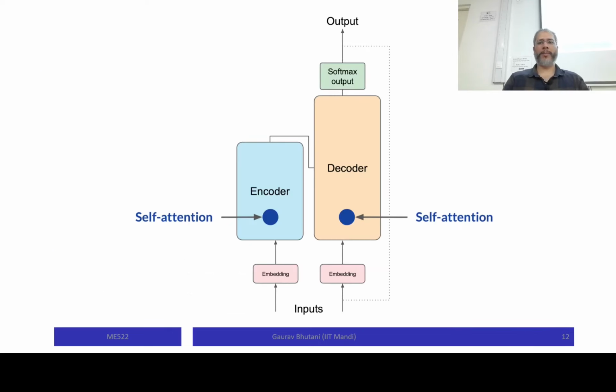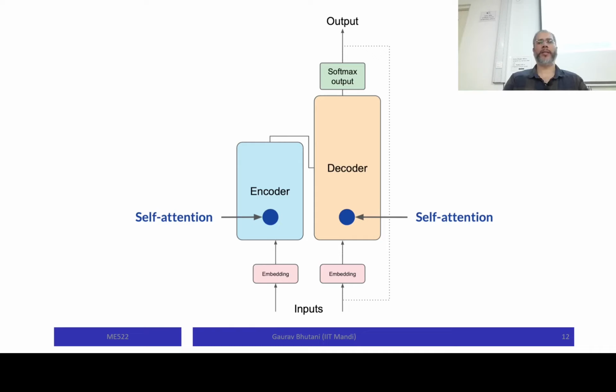Once the input is fed through the embedding, these are called embedding vectors. Then it goes to a deep learning network, in fact not a layer; there are lots of layers of neurons. It's called a self attention layer.